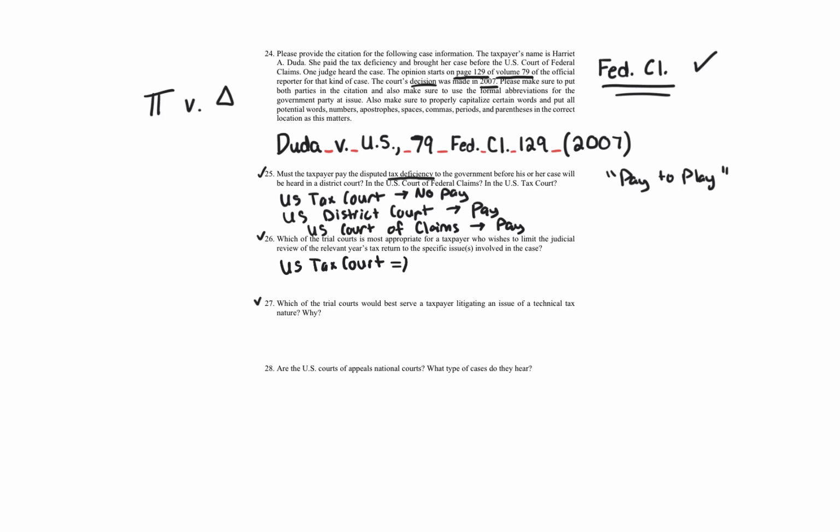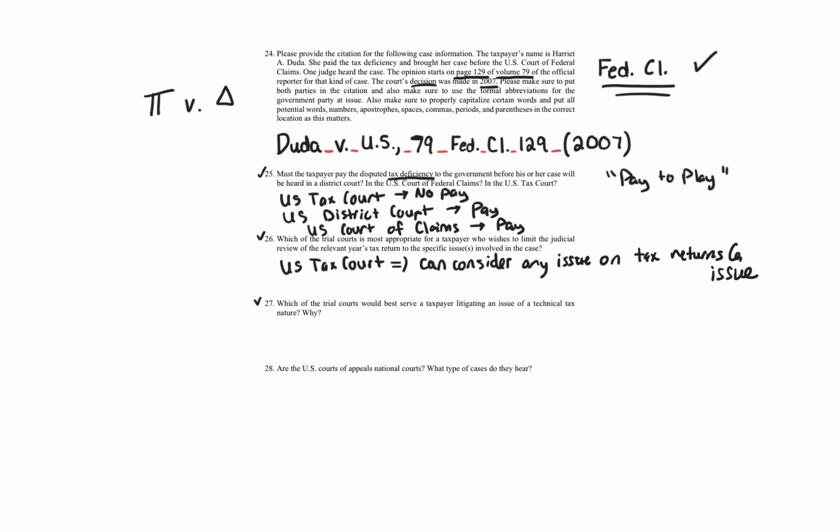tax court can consider any issue on their tax returns at issue. So not just the issue before the court, but any issue on the tax returns at issue, any tax years that are at issue.